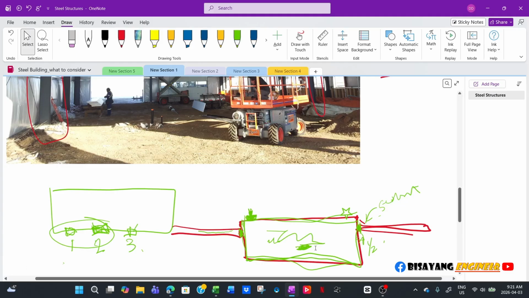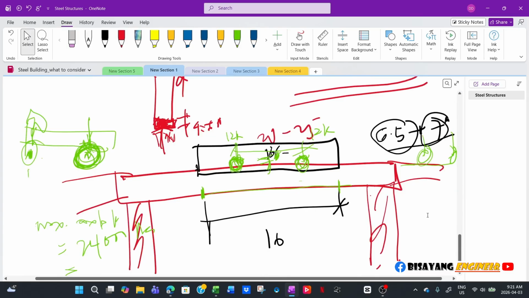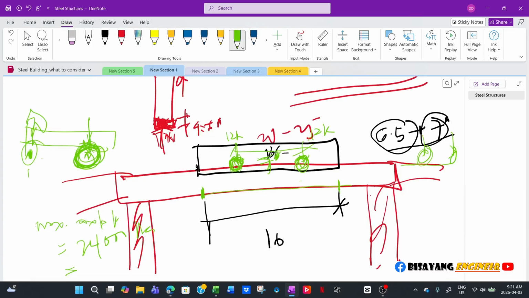But I always consider the actual load. This is what most engineers overlook: they don't consider the actual load, but you have to.